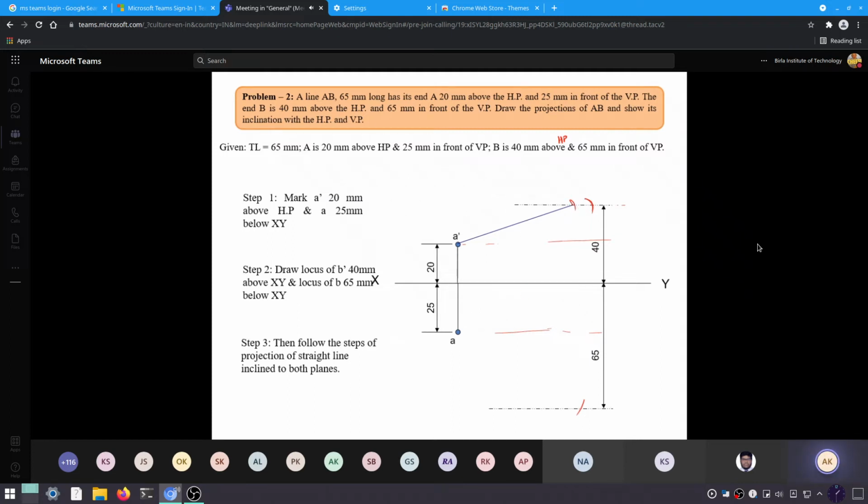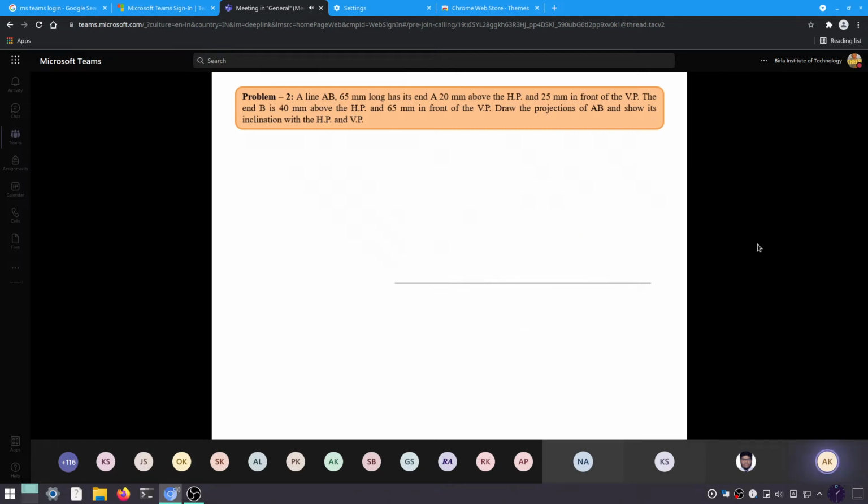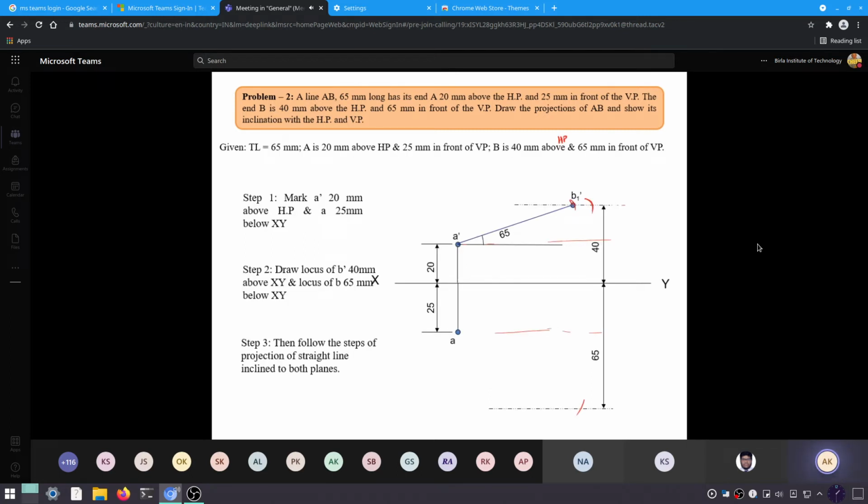You got point B1 dash. This locus line, you can draw it earlier also, or you can draw it right now. That is fine. So you'll get the two values over here.